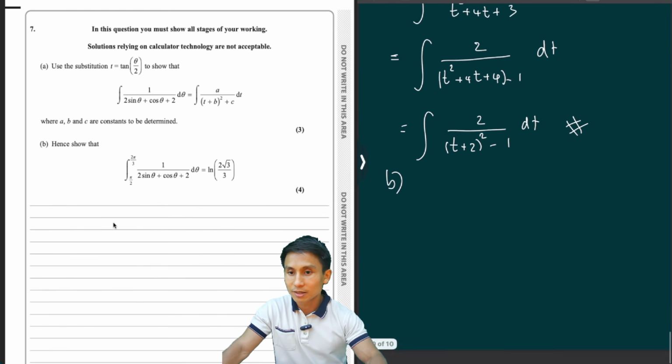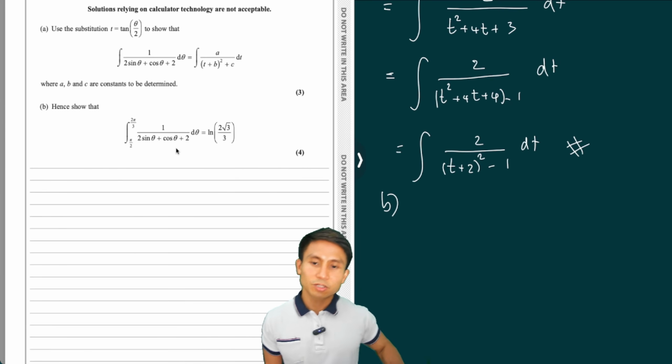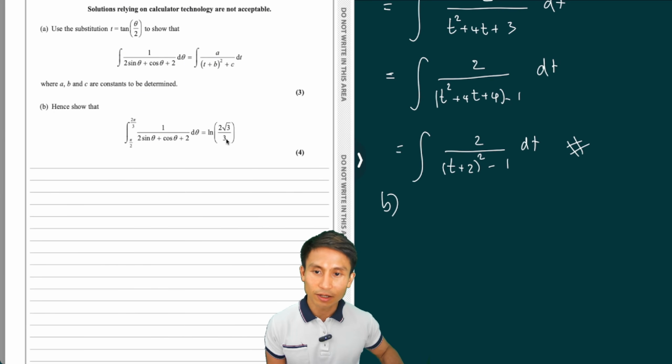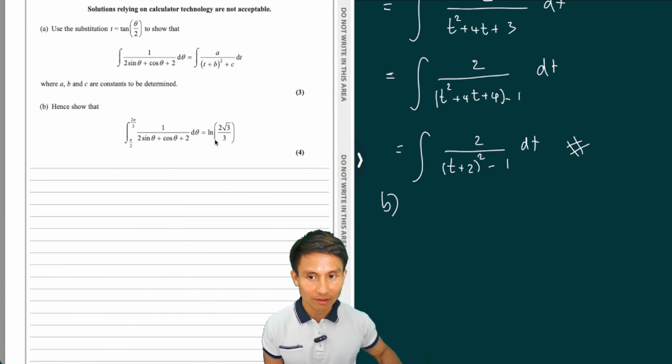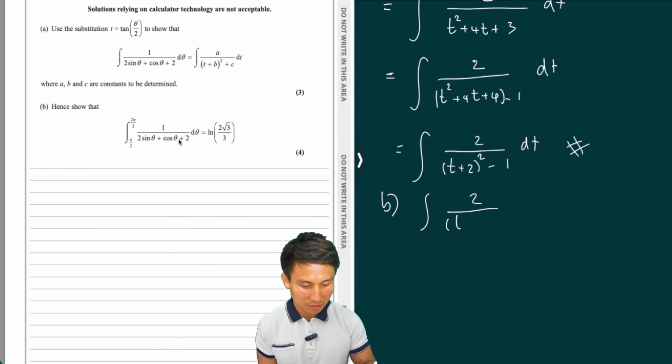Part B. Hence show that the integral of that is that. For this integral, if we look at the answer they want, it's a natural log. So we should look at our latest integral as 2 over t plus 2 squared minus 1 dt.